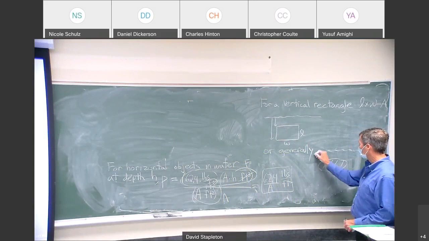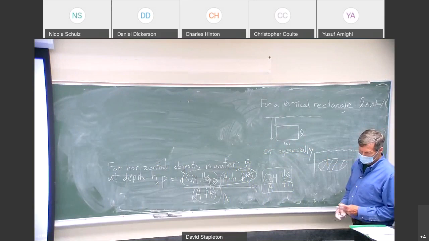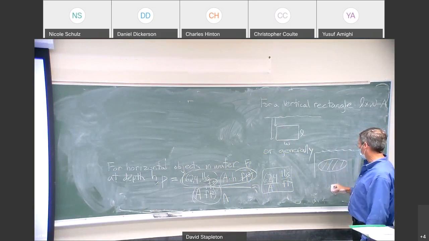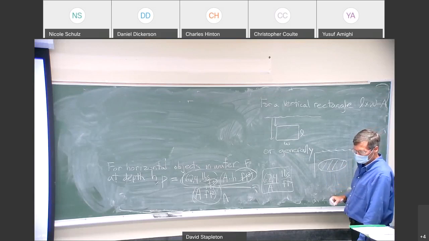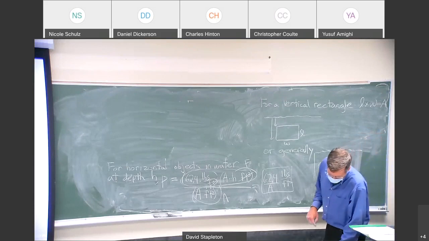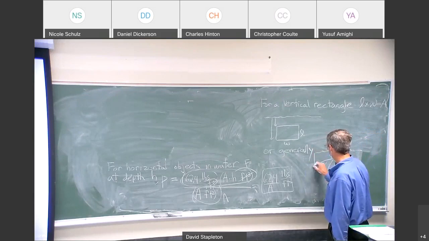What you can do is make an x-axis, and they just called it h of x, the depth here, is what they did.